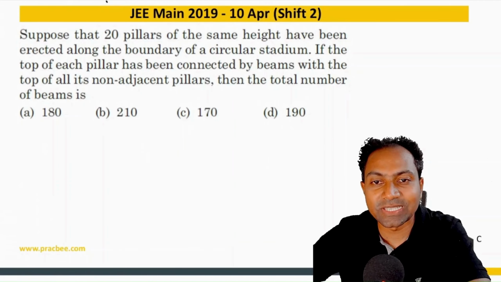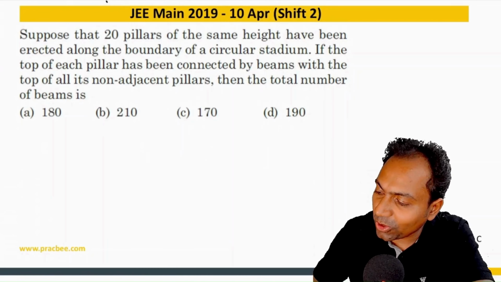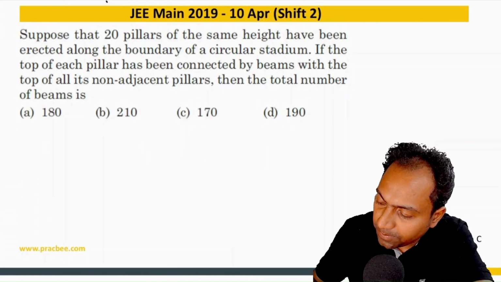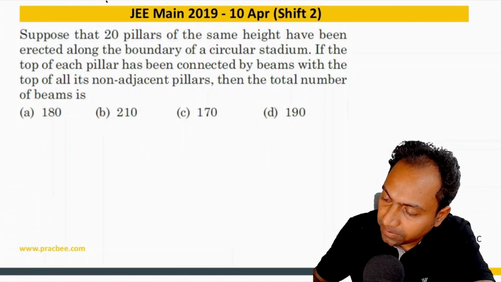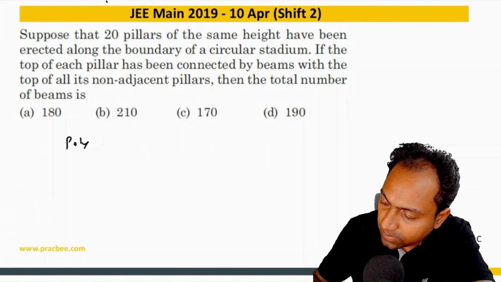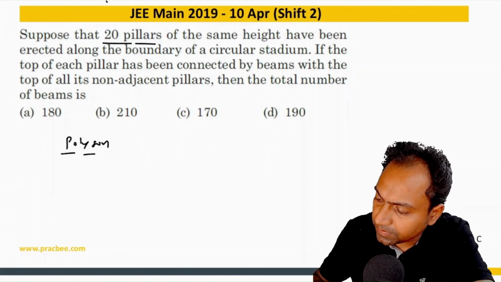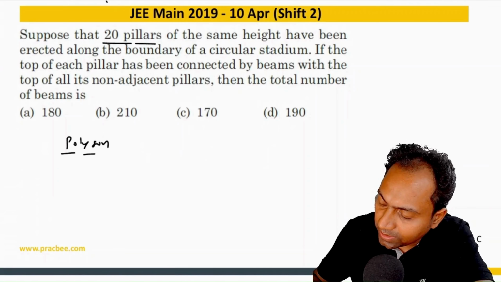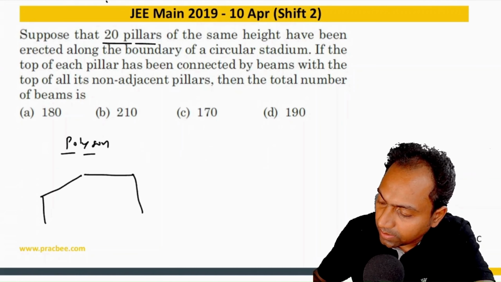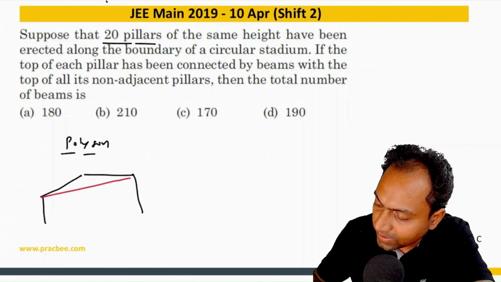Now this next question is extremely simple. This question talks about a polygon being formed using 20 pillars. What they're trying to count in that polygon is the diagonals, because we are trying to connect not the adjacent sides but non-adjacent sides.